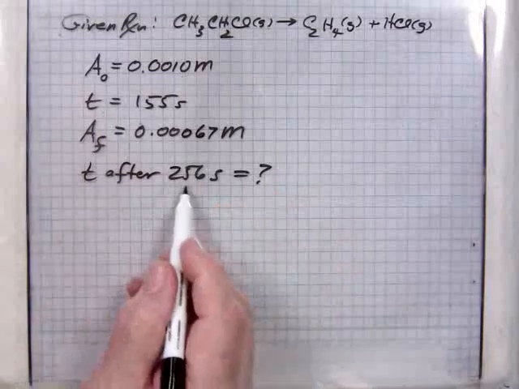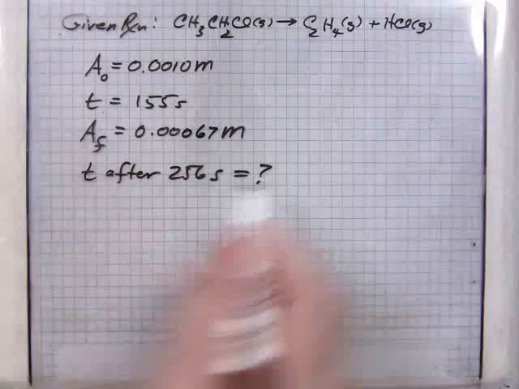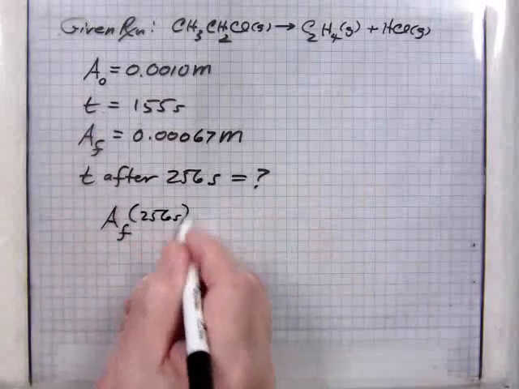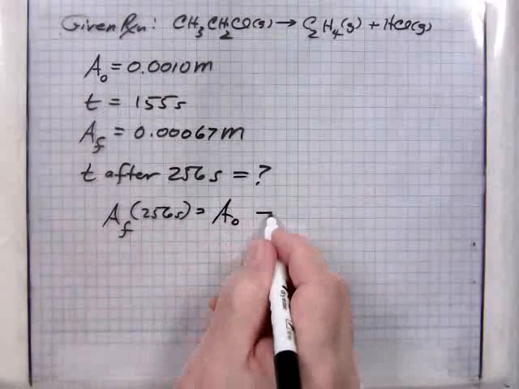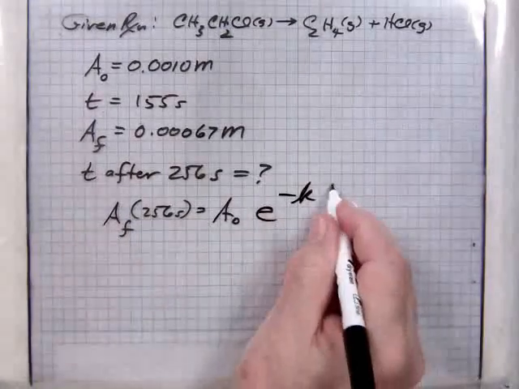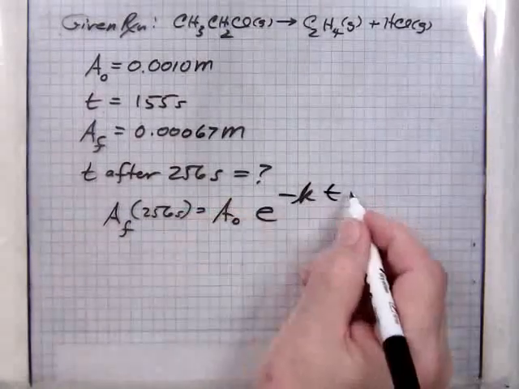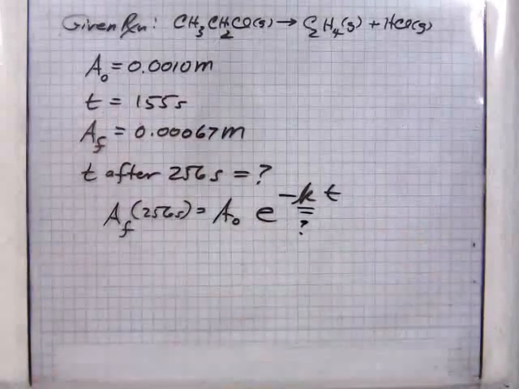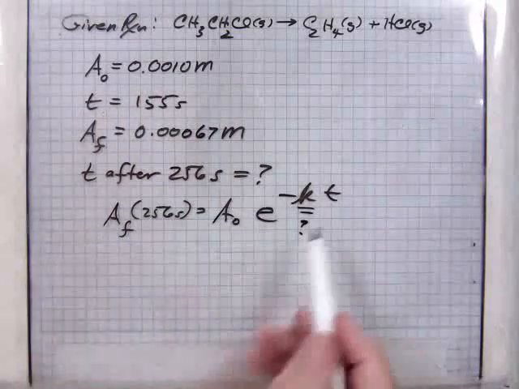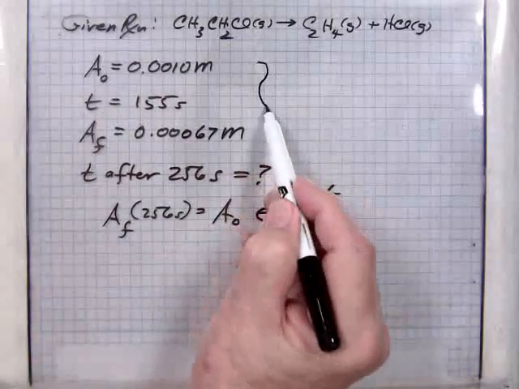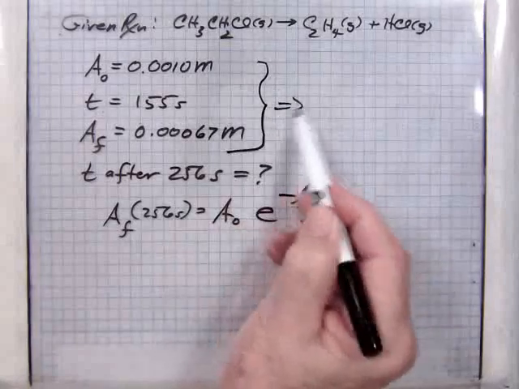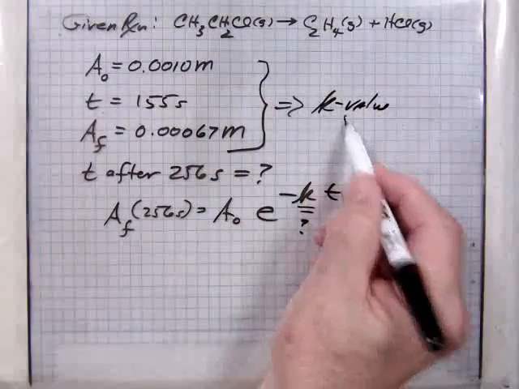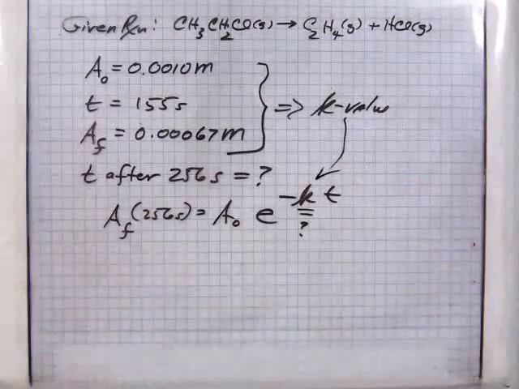Now, to get this, what do you need? Well, the concentration final at 256 seconds is A naught e to the minus kt, where t is 256. So we have the A naught, but we don't have the k value in here. What we have to do is determine the k value from the first part up here, and then apply it to the 256.